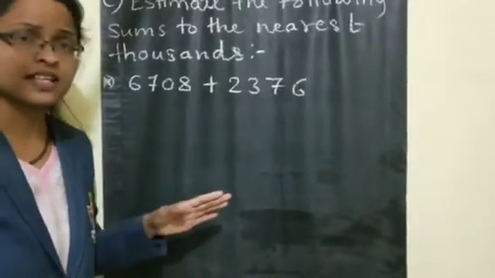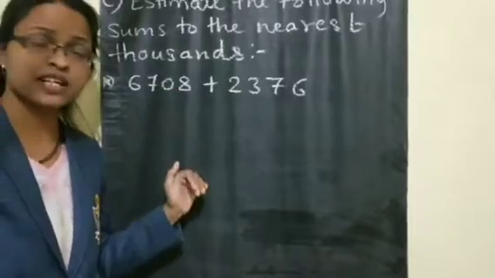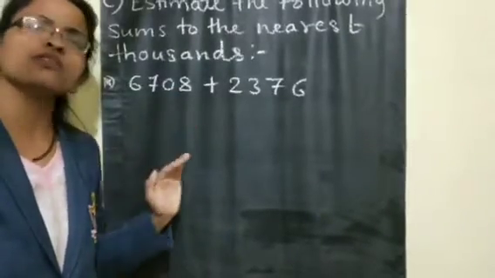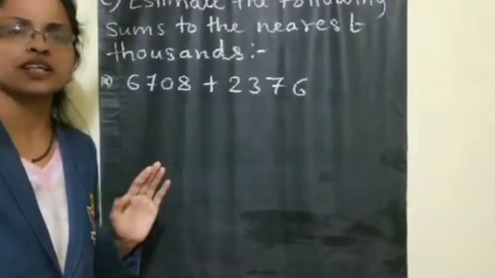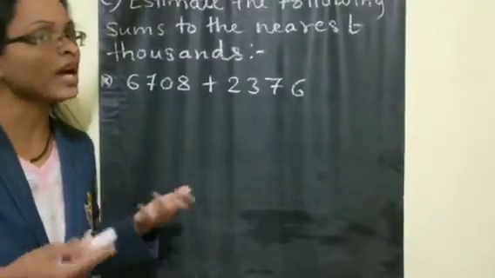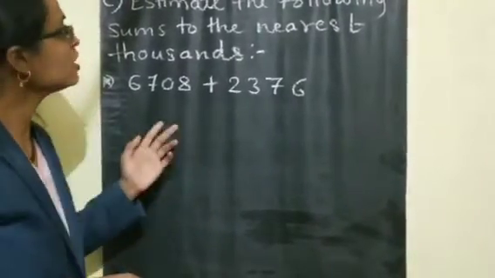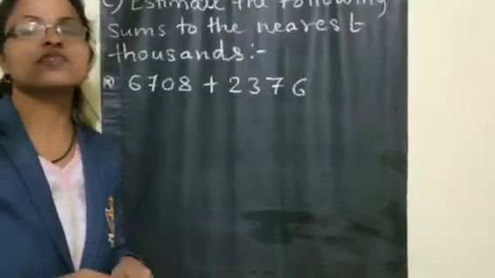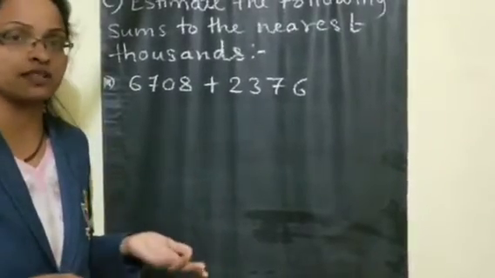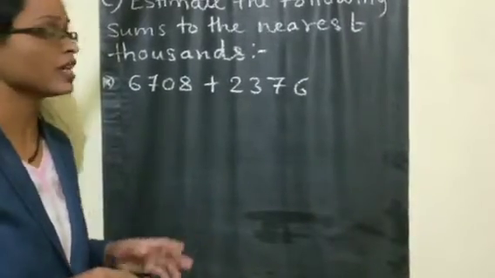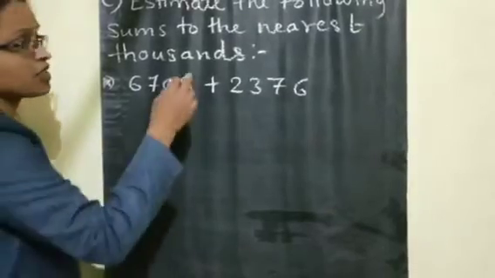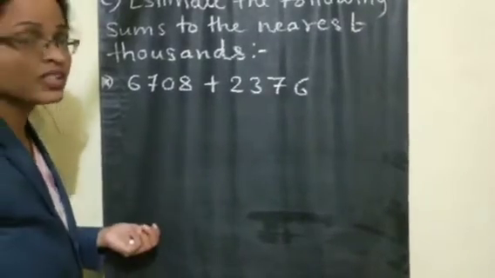If they do not ask, and only ask to estimate and find the sum, then only round off and do the sum. So according to the question, you attempt the problem. Here in the C part, they have not asked to find the actual sum, so we will not find it. So here let us estimate and find the estimated sum.